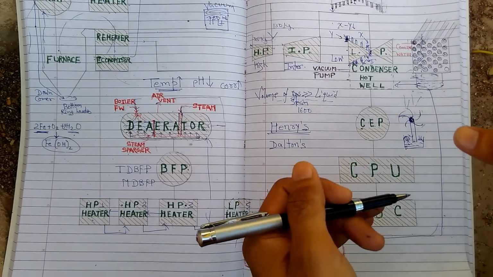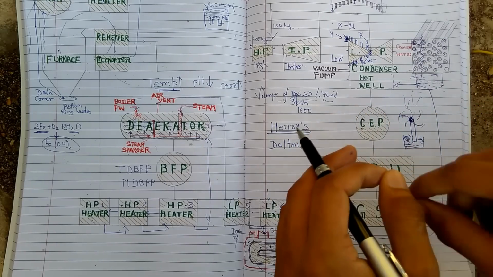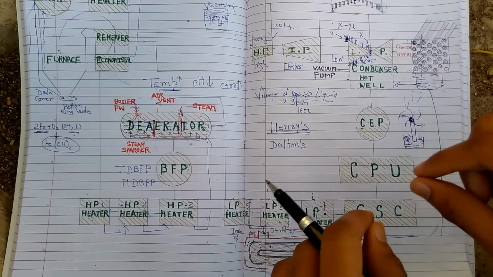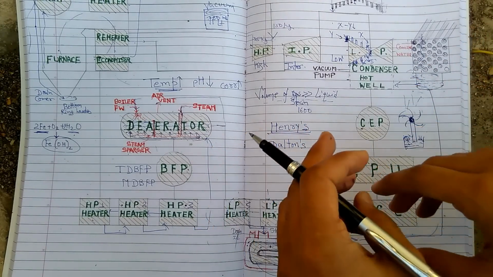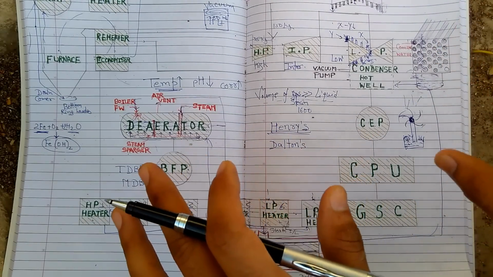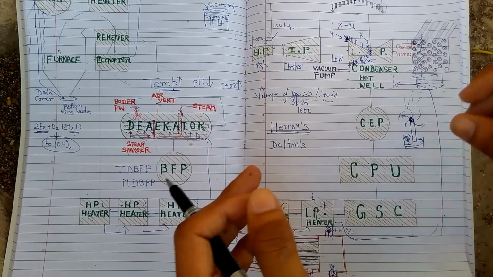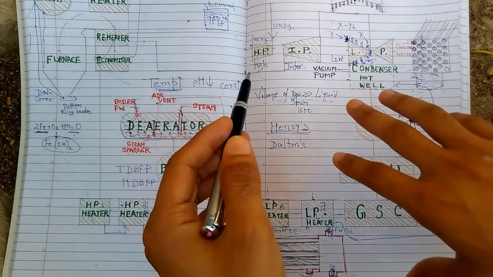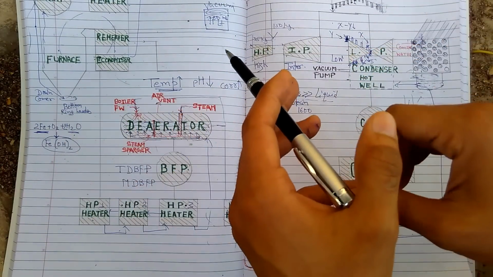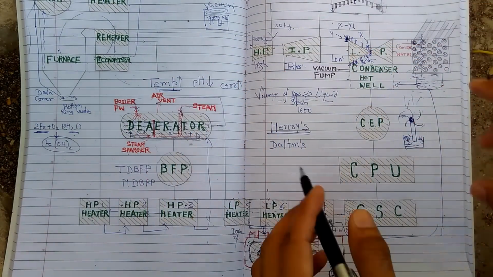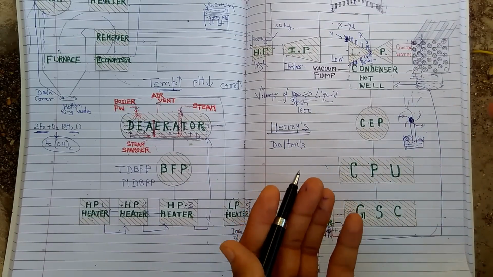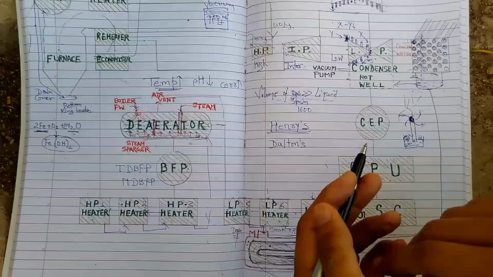If there are some impurities in that water, see, we need very pure water, because that water is going to the turbines, and my turbines are very costly and made of good metals, a mixture of molybdenum and some part of nickel also in the later stages. So I do not want them to be eroded by some impurities. I do not want them to get damaged, so I need very pure water. The CPU does that. It contains multiple beds of resins, and it removes any impurities.